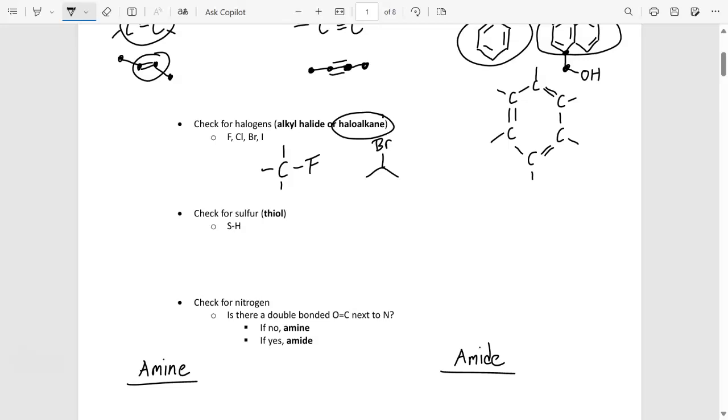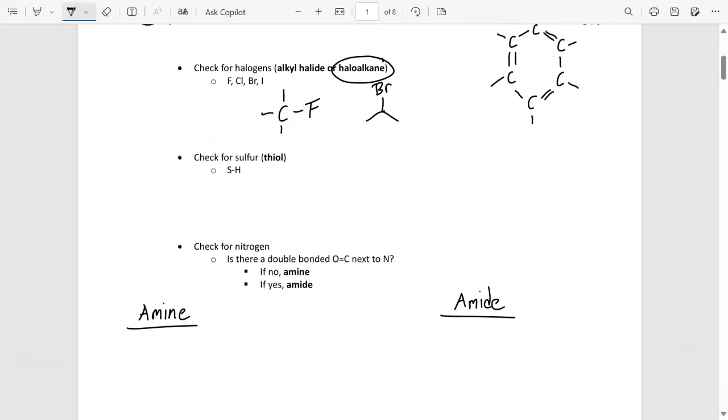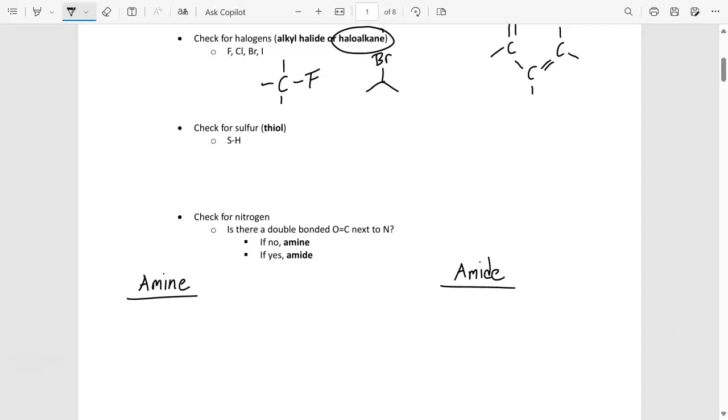Okay, and then thiols, those are our sulfur-containing functional groups. And again, if you see an SH anywhere, then that's going to be a thiol. So the carbon could have anything attached to it as long as it has that SH group. Okay, and it's the SH group that makes it a thiol.